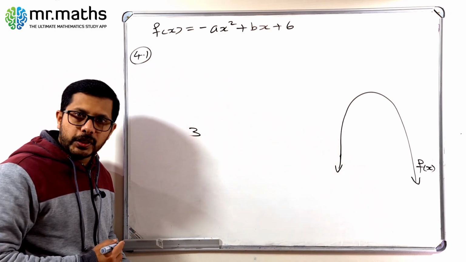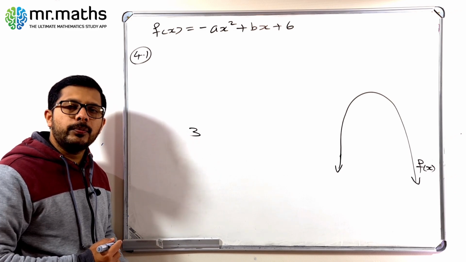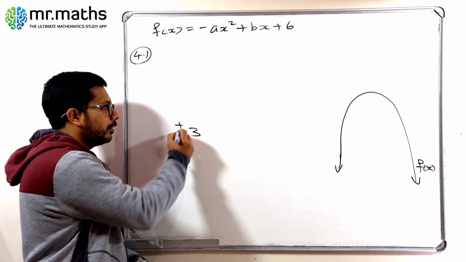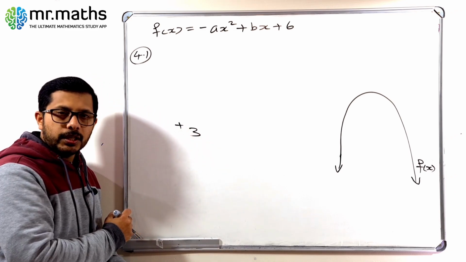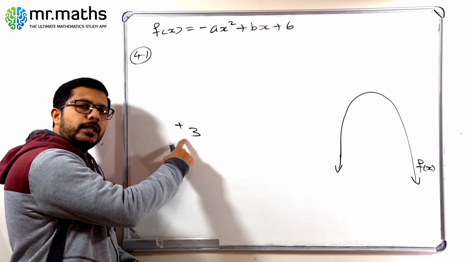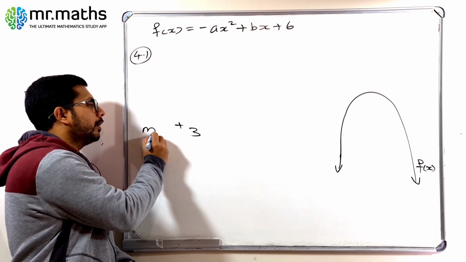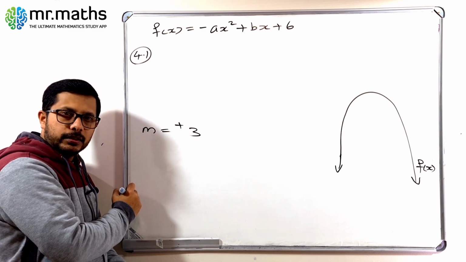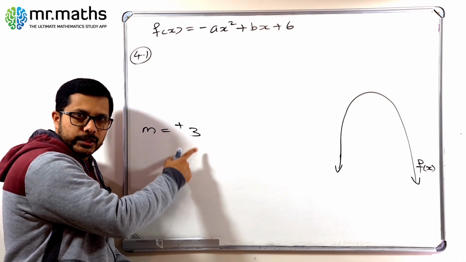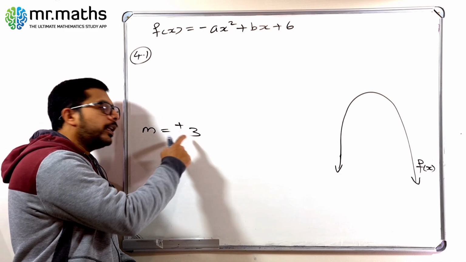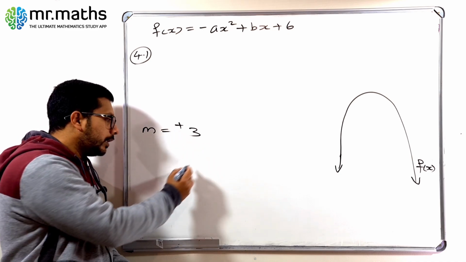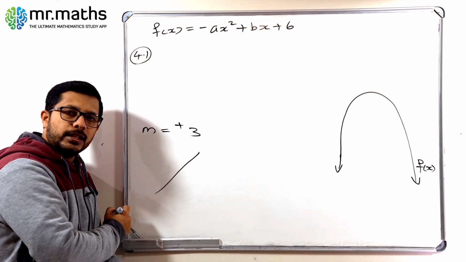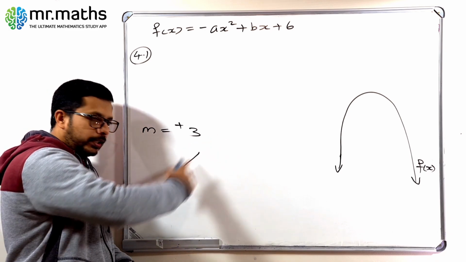Gradient is 3. Gradient is 3, what is the sign? Positive. So if the gradient is positive, m is equal to 3. This is the gradient of that tangent. If the gradient is positive, it means that the tangent is like this, an increasing line.